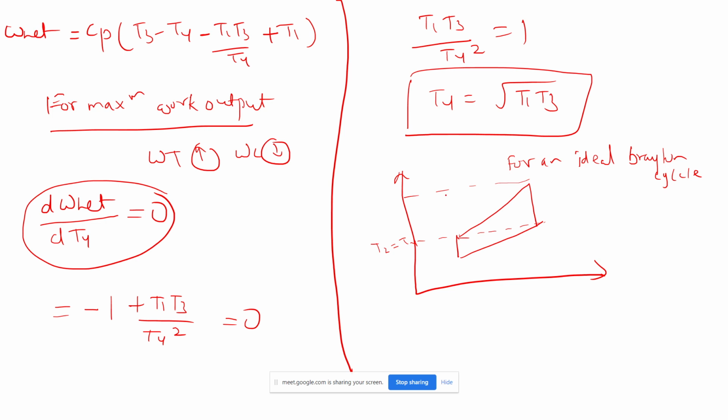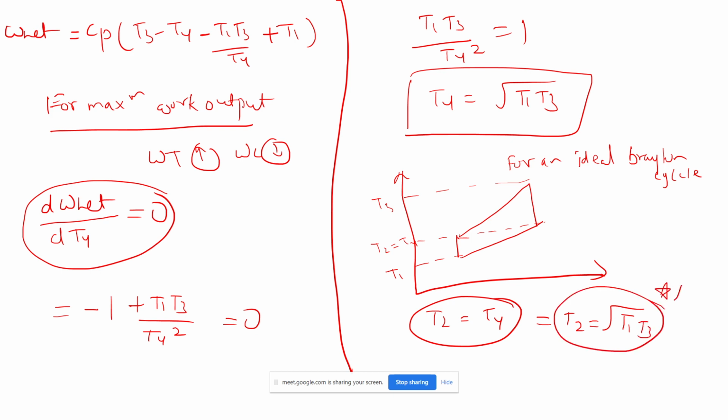This would be our T3 maximum and this should be our T1 minimum. For an ideal Brayton cycle, we want T2 to be equal to T4. So from here we can get that T2 also equals the square root of T1 T3. These two terms are very important. You should mark them important because they will help you when we solve the numericals.